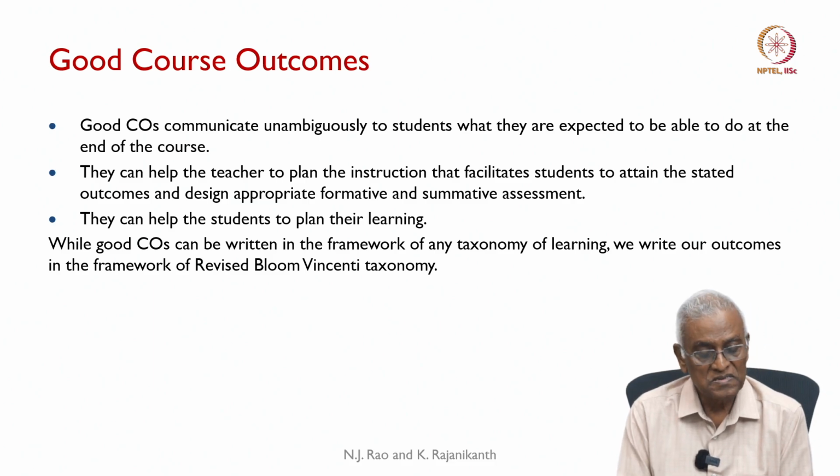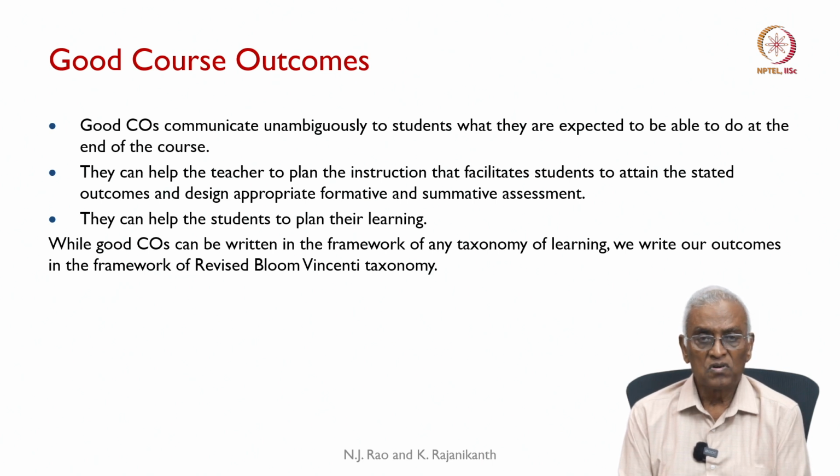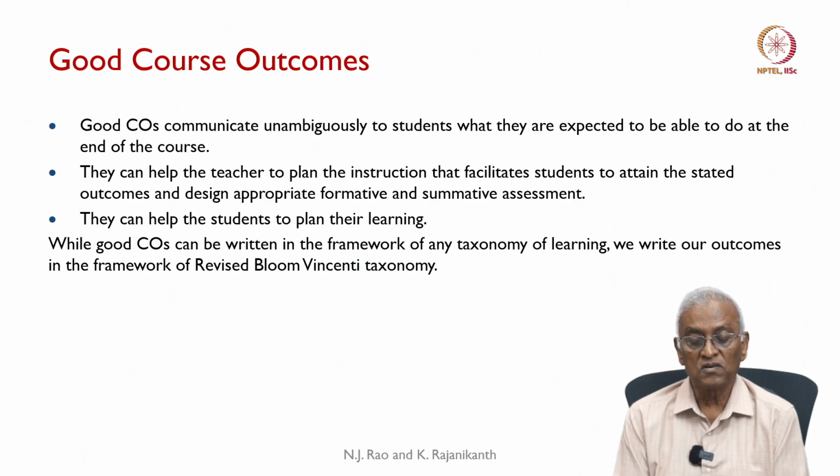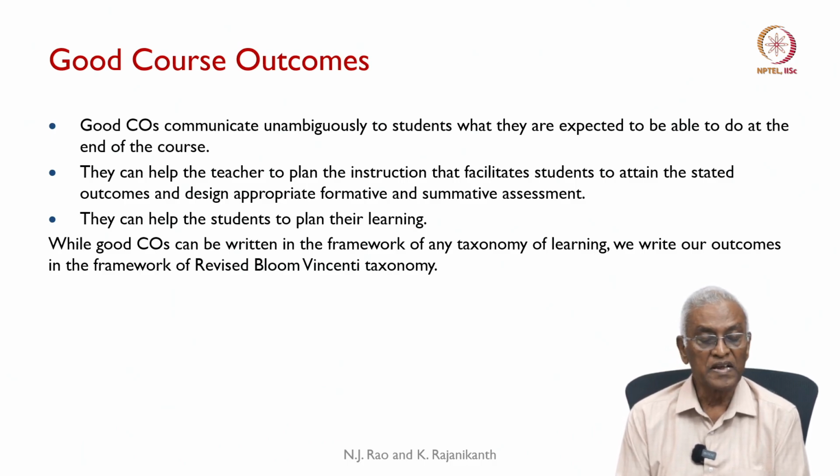Let us summarize this. What are good course outcomes? Good COs communicate unambiguously to students what they are expected to be able to do at the end of a course.